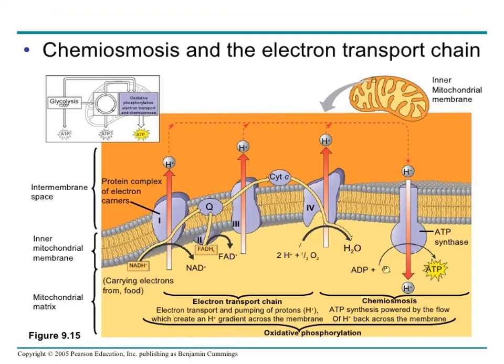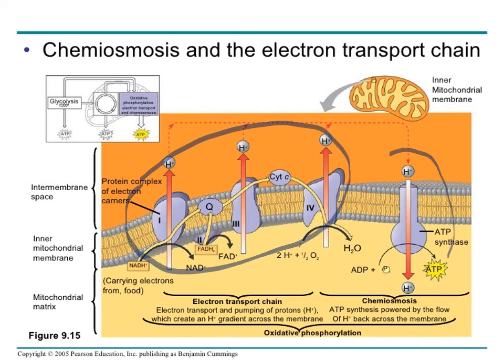Oxidative phosphorylation is actually a coupled mechanism to synthesize ATP by phosphorylation of ADP, using energy derived from the transfer of electrons in the ETC, through the electron transport chain and also by the chemiosmosis process.